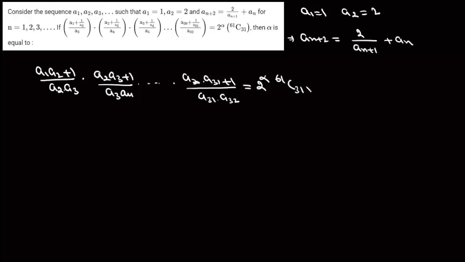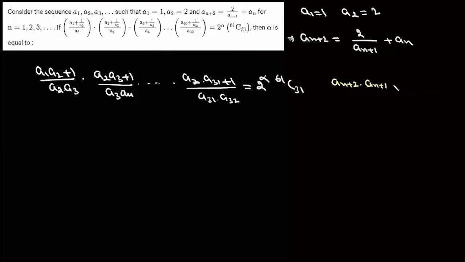Now since we have a1 a2, a2 a3, so we need product of a_n and a_{n-1}. So what we'll do is we'll cross multiply and we'll rearrange this as a_{n+2} into a_{n+1} minus a_{n+1} into a_n, and it will be equal to 2.